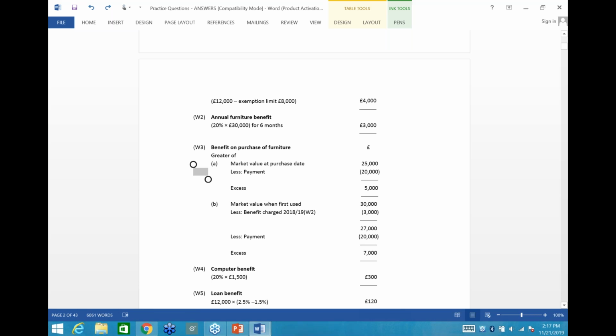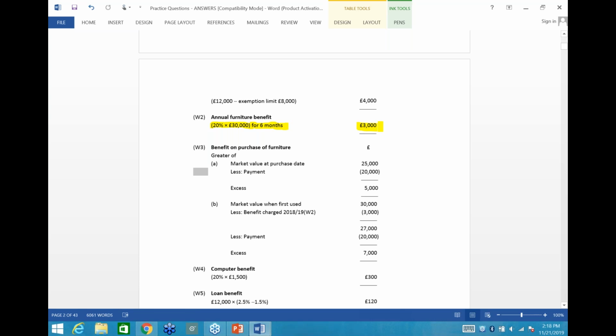So you can see here we have calculated 20% on 30,000 pounds, but have used the furniture only for a period of 6 months during the tax year. Therefore, the annual furniture benefit is 3,000 pounds for a period of 6 months.